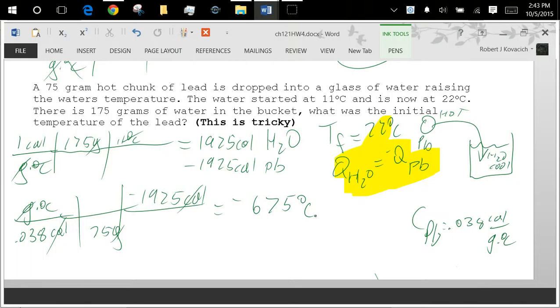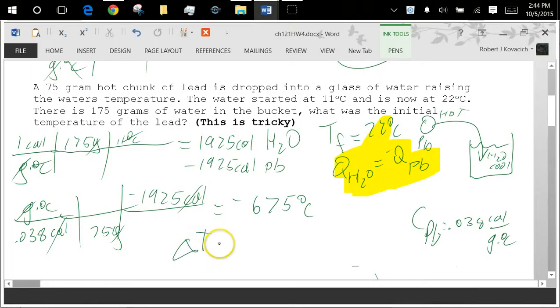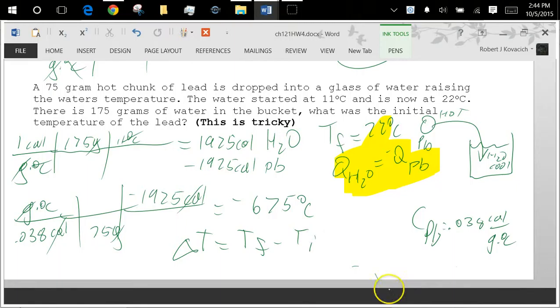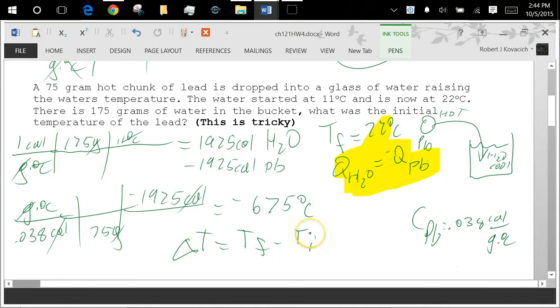Okay? So if it ended at what temperature? It stopped falling at 22. Then what temp did it start at? So then the calculation is the change in temperature is temperature final minus temperature initial. So what do I have here? I've got the change in temperature and I've got my initial temperature.